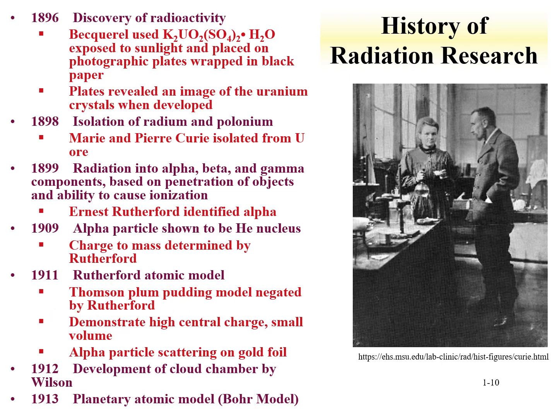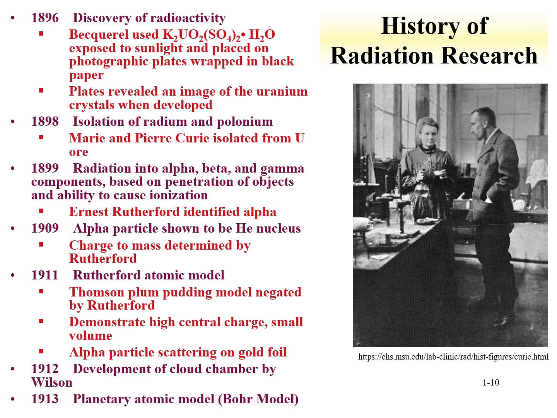They demonstrated a high central charge in a small volume, and this was demonstrated by alpha particle scattering on a gold foil. From this scattering, the hypothesis was developed that the mass must be all concentrated in an area where the particle would impinge upon this nucleus and get scattered back.